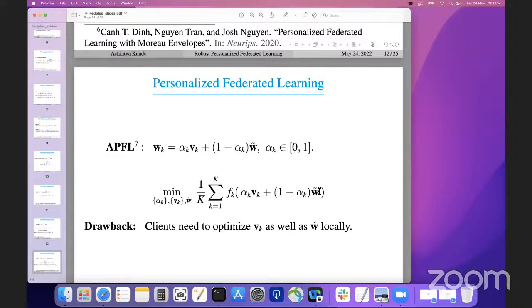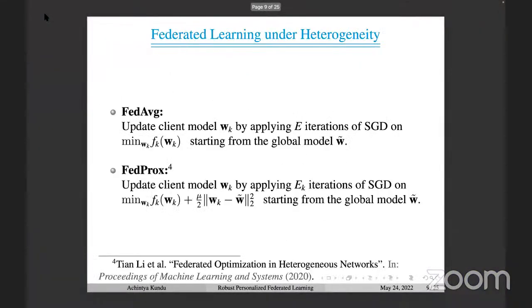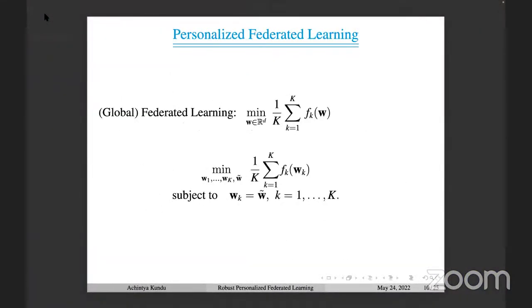If you just train based on what we already saw, which is optimizing over the full objective, we are learning a single global model which optimizes across all the F_k's, right? This itself might fail in the first place because the data sets are not homogeneous or IID.